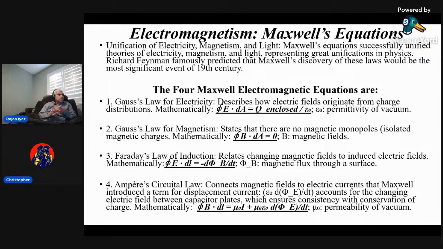Mathematically, he said that for a closed surface area, the electric field has to be described by the total charge divided by epsilon naught, which is the permittivity of vacuum.